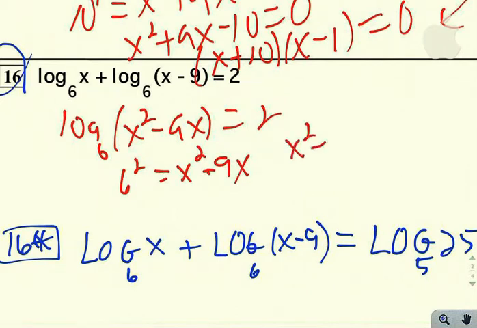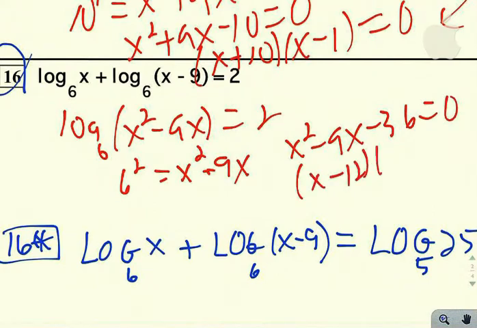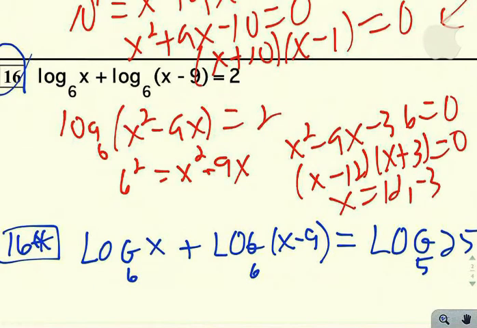X squared minus 9x minus 36 is 0, which factors x minus 12, x plus 3 is 0, x is 12 or minus 3. The minus 3 would make that negative. We'd be taking the log of the negative number, and the same thing is true there. So we can't have minus 3. The answer is 12.